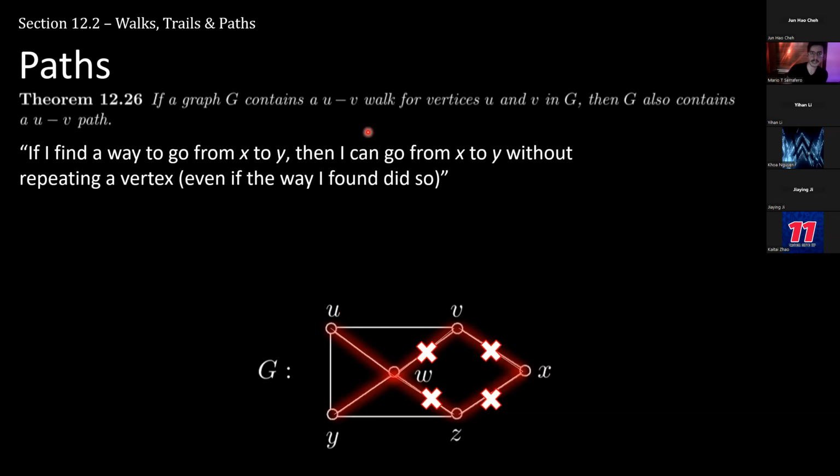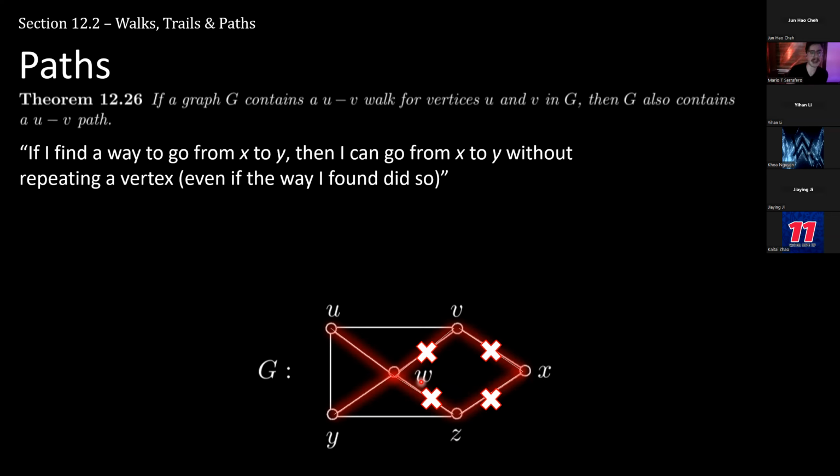Because if I find a way to go from U to Y, there's definitely a way to go from U to Y without repeating stuff. Because you can think of the fish. The fish is just this worthless loop. And think about what it means to not be a path.